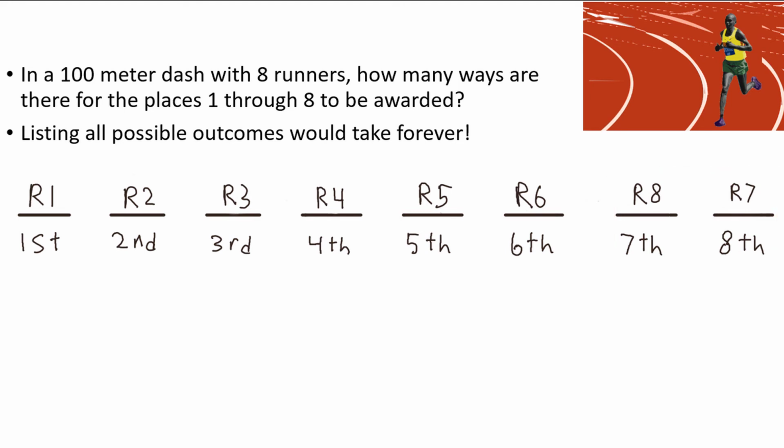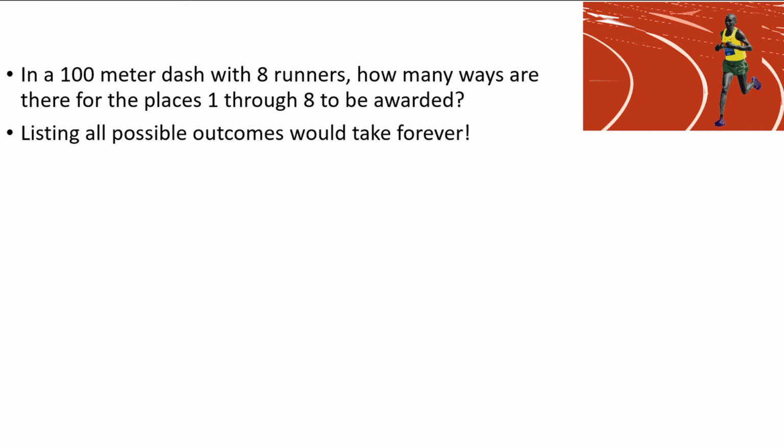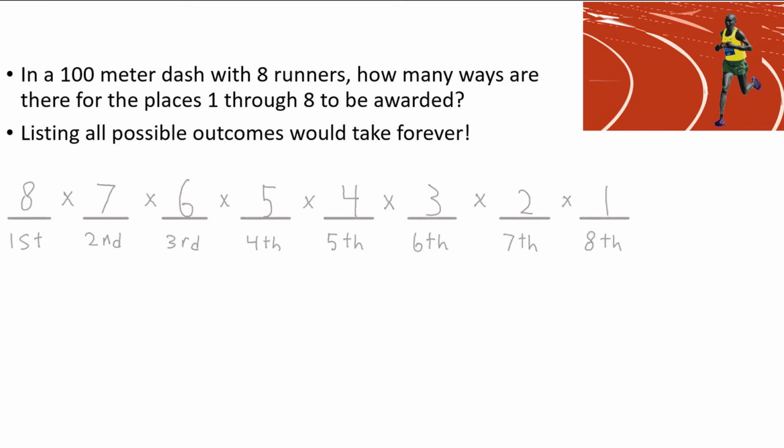Luckily, we have methods to count how many ways there are for the 8 runners to place without listing them all. This is just the multiplication rule for counting that we discussed a minute ago. There are 8 runners, so 8 ways first place could be awarded. But once the first place runner has finished, there are only 7 runners remaining that must compete for second place.